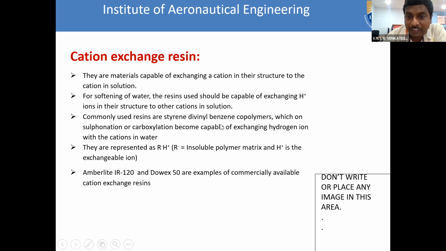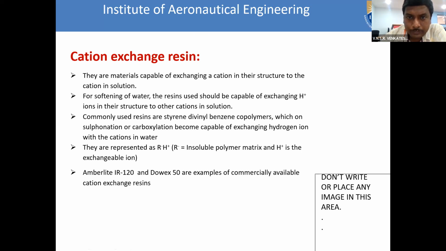Styrene divinyl benzene copolymers, which on sulfonation or carboxylation undergo a reaction. Sulfonation means reacting with sulfonic acid groups, that means SO3H, whereas carboxylation means reacting with COOH groups, which become capable of exchanging hydrogen ions with the cations in the water.